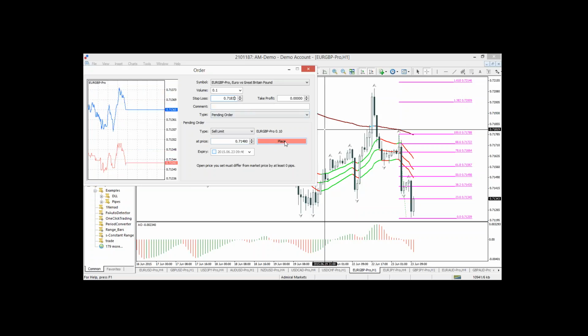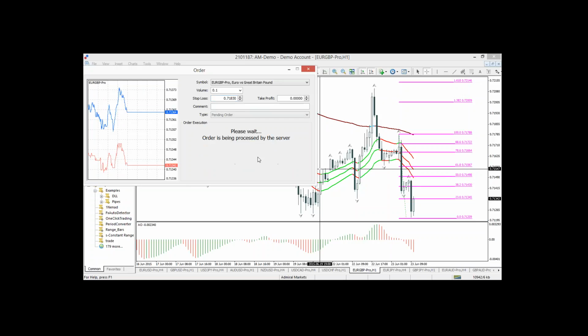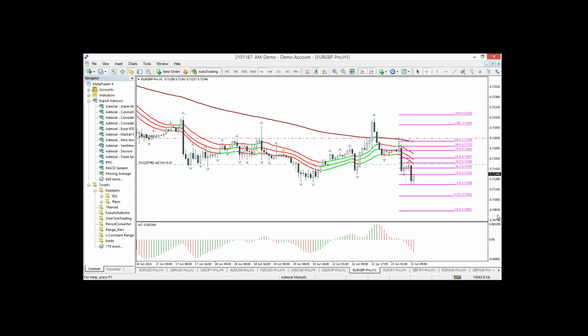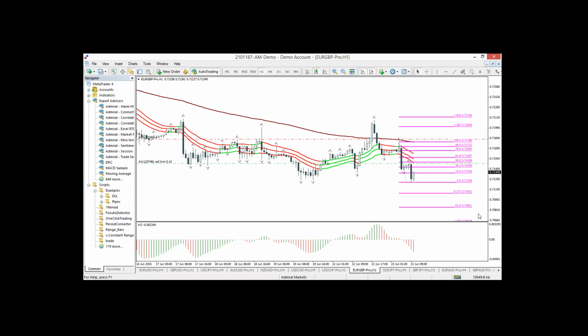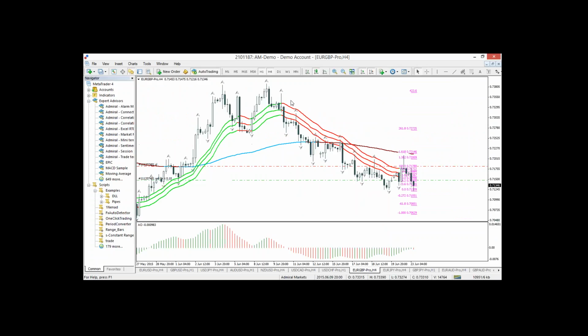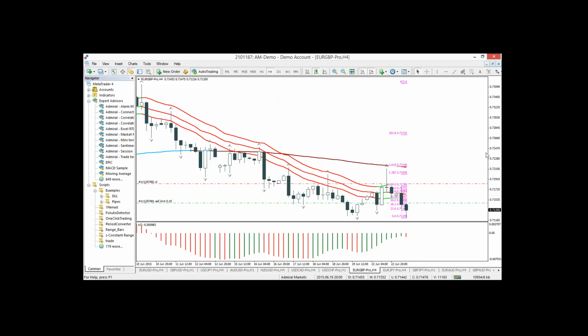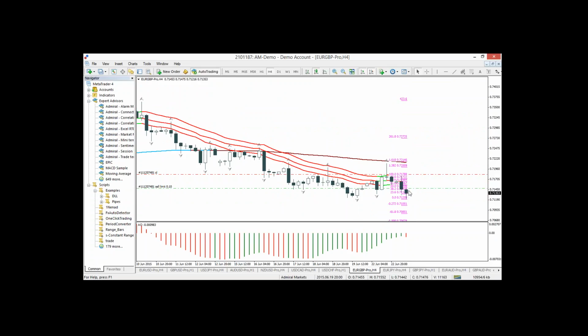71.48 is what I have, 71.83. Leave the TP open for the moment. I'll probably trail stop the 4-hour candle.